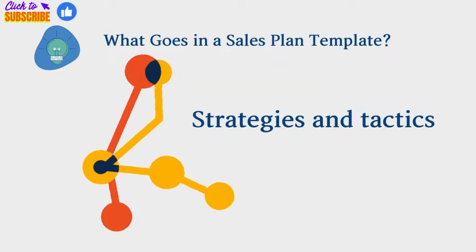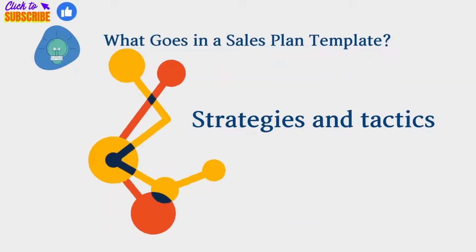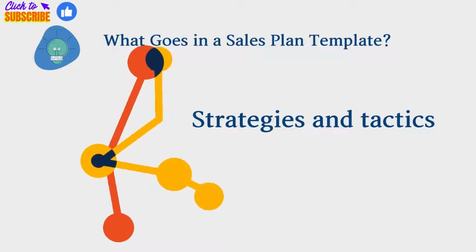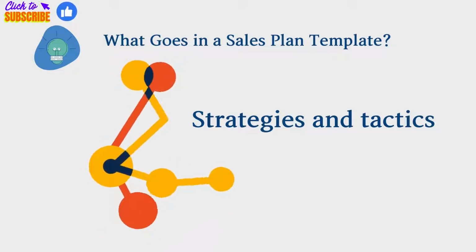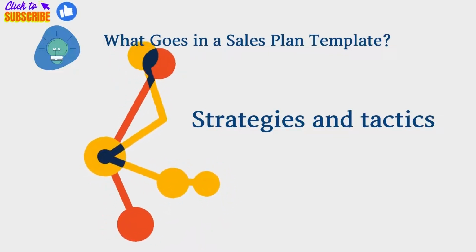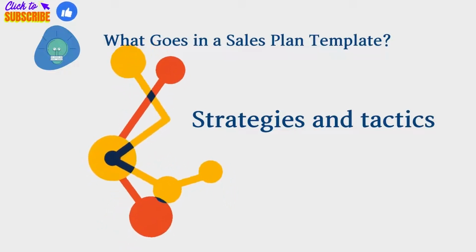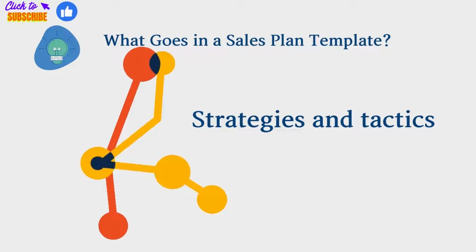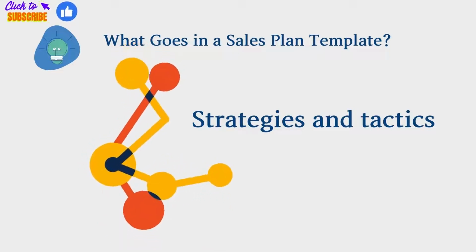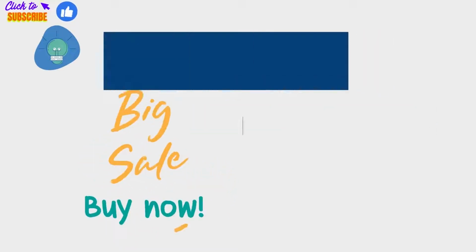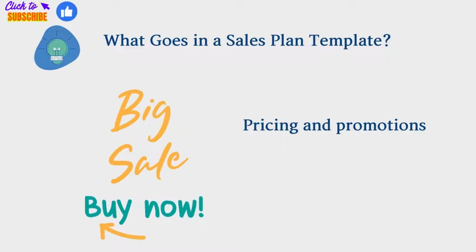And then strategies and tactics. Here, you have to mention the specific actions your team will take to reach revenue targets. How will you hit your 100,000 revenue target? So how will you do it? The next is pricing and promotions.